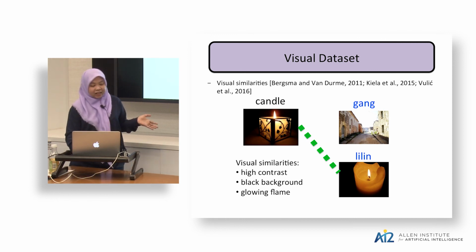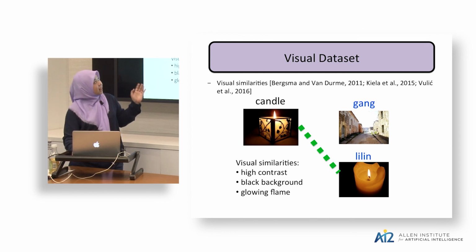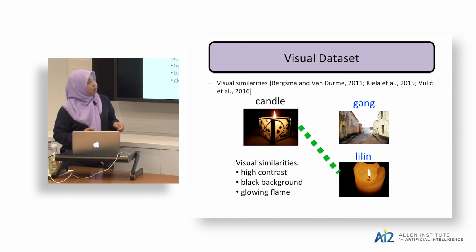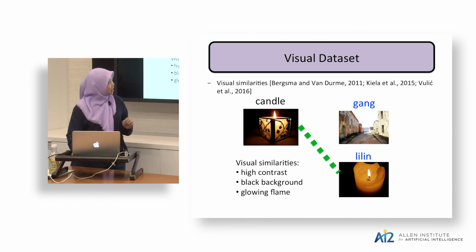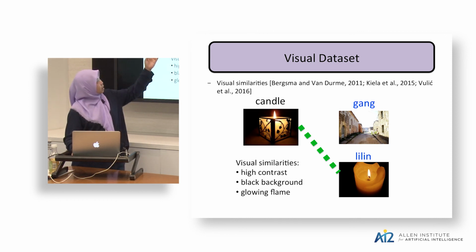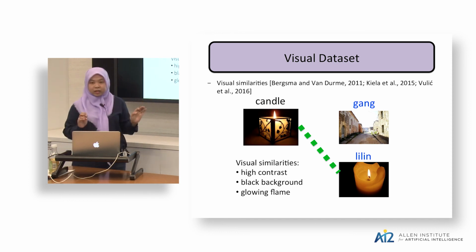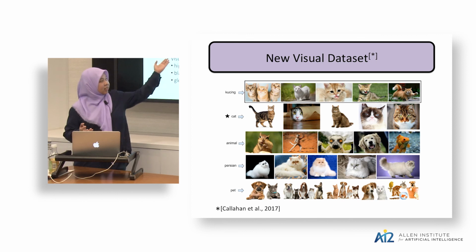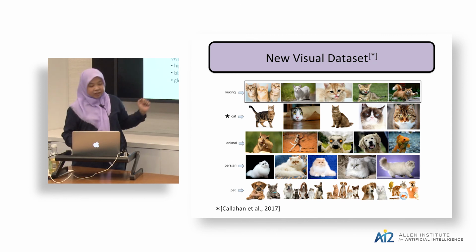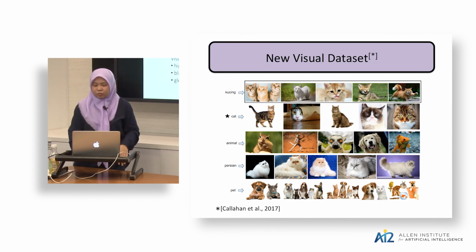And the other thing we did is that besides using this text-based approach, we can also use visual similarities. Previous works have tried to do this. It's very interesting because you can think about images as language-independent signals. In different languages, candles are similar. And this is especially true for concrete nouns.